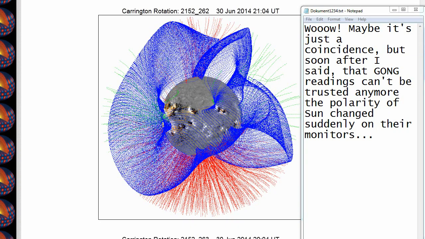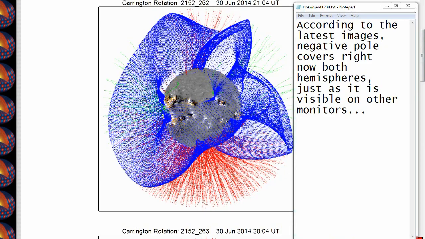Wow, maybe it's just a coincidence, but soon after I said that GONG readings can't be trusted anymore, the polarity of the sun changed suddenly on their monitors. According to the latest images, negative polarity covers right now both hemispheres, just as is visible on other monitors.